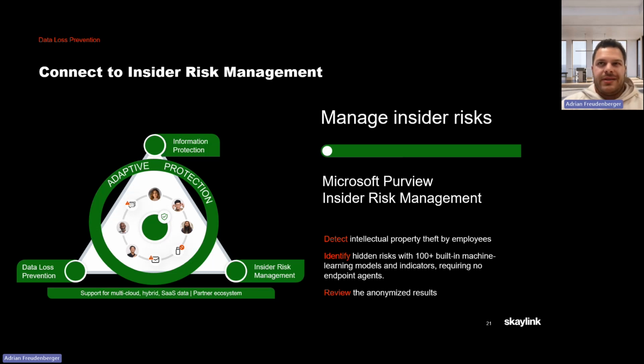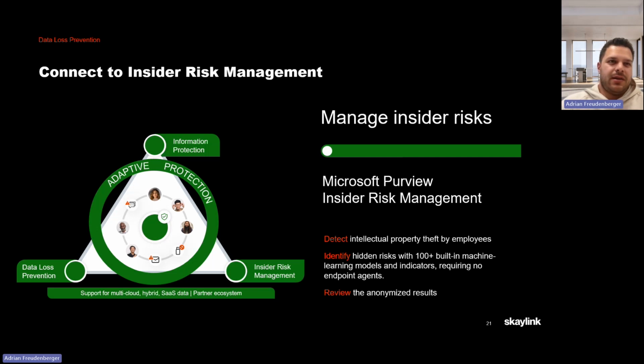Insider risk can include data leaks, fraud, maybe sabotage, intellectual property theft, or other malicious activities that can happen in your organization. We have advanced analytics with machine learning and Microsoft Graph to identify anomalous user behaviors and potential threats across your data.